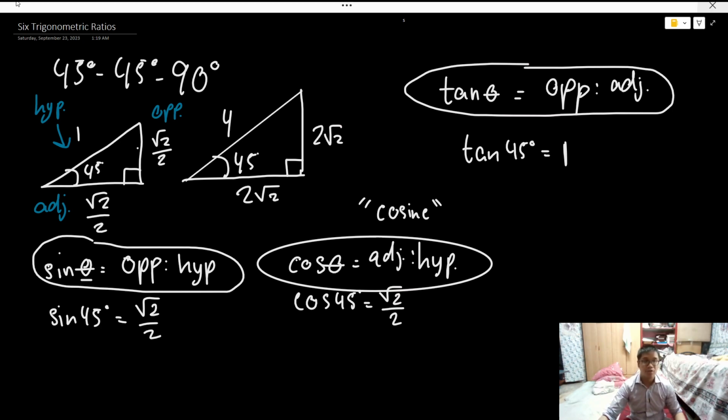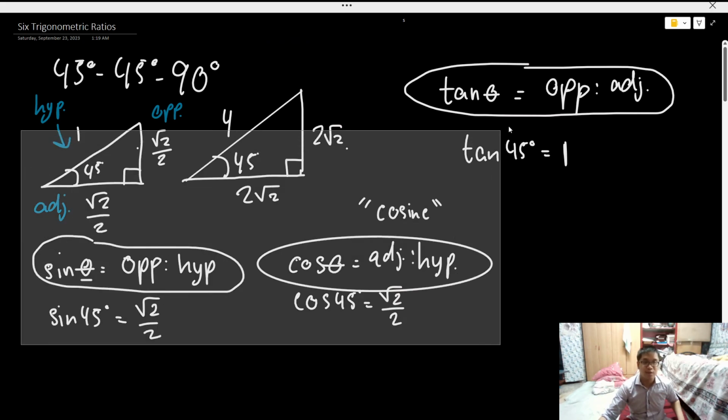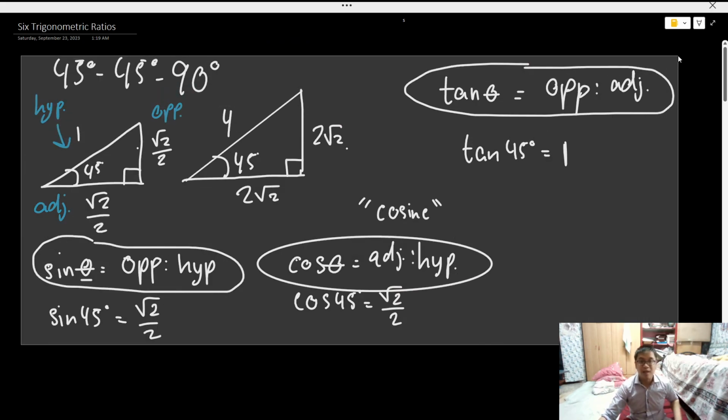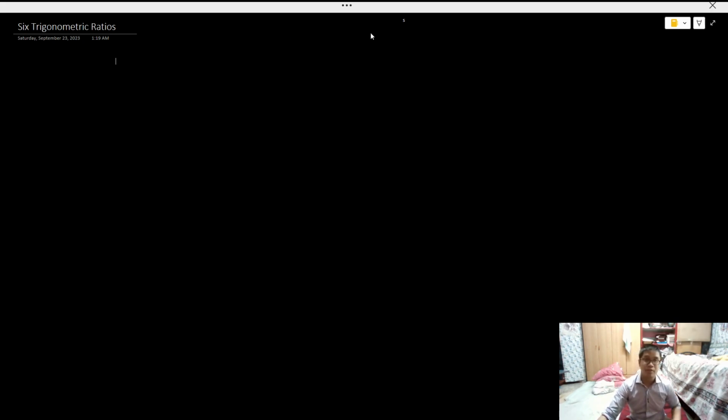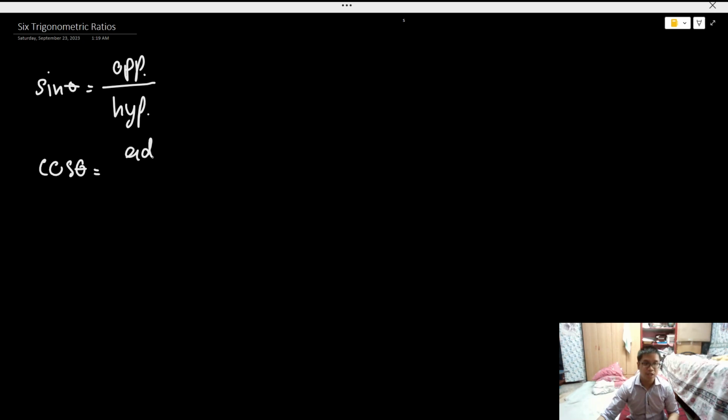All right. Let me erase everything here and rewrite these three trigonometric ratios. For sine theta, we have the opposite all over hypotenuse. Next is cosine theta, which is adjacent all over hypotenuse.